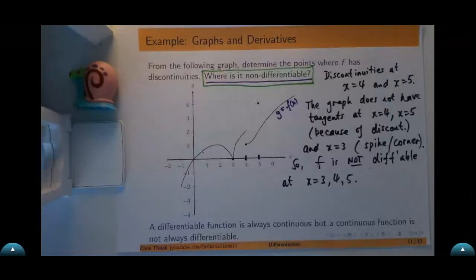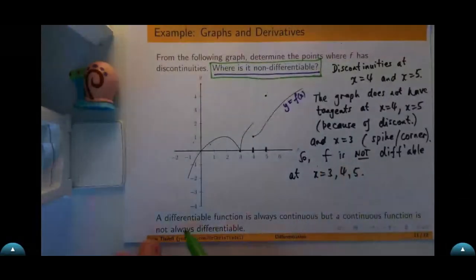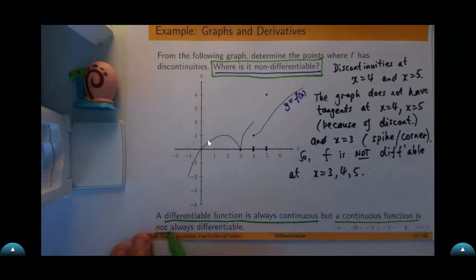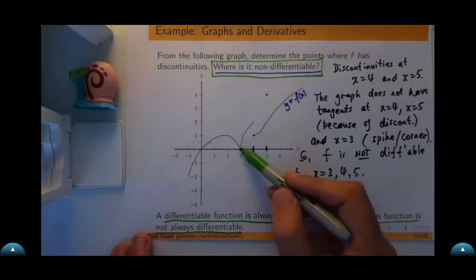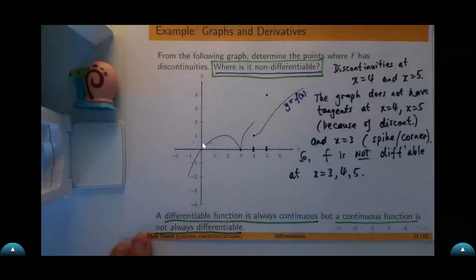Okay, it's contained down the bottom here. A differentiable function is always continuous, but a continuous function is not always differentiable. So if you look up here, this graph is continuous at x equals 3, but it doesn't have a derivative there.